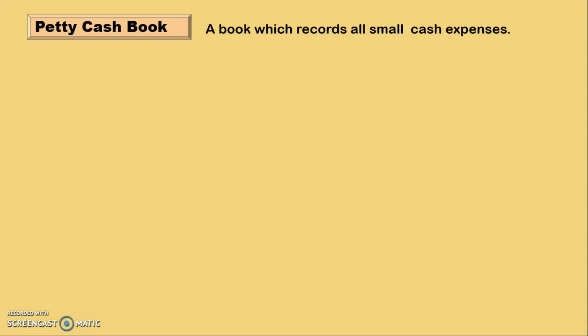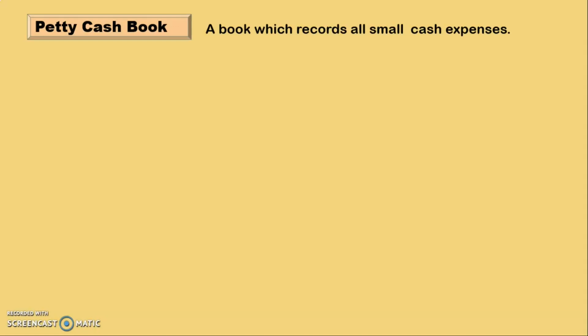That is, all the petty expenses, that is the small expenditures, are recorded separately in petty cash book. Now, along with the small cash expenses, even certain petty incomes like amount received on sale of newspaper or amount received on sale of small scraps are also recorded here. And the person maintaining petty cash book is called a petty cashier.